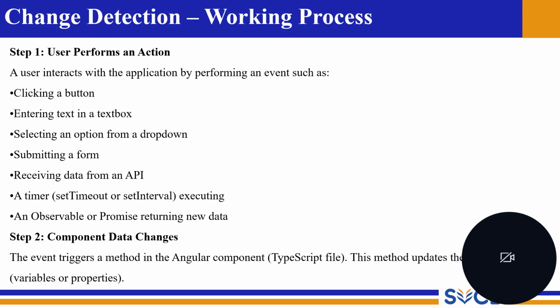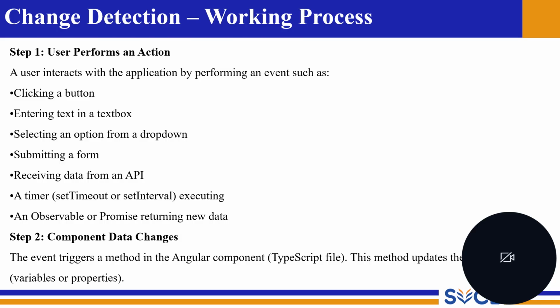This is the working process of change detection. In step 1, the user performs an action. The user interacts with the application by performing an event such as clicking a button, entering text in a text box, selecting an option from a drop-down, submitting a form, receiving data from an API, a timer executing, or an observable or promise returning new data.